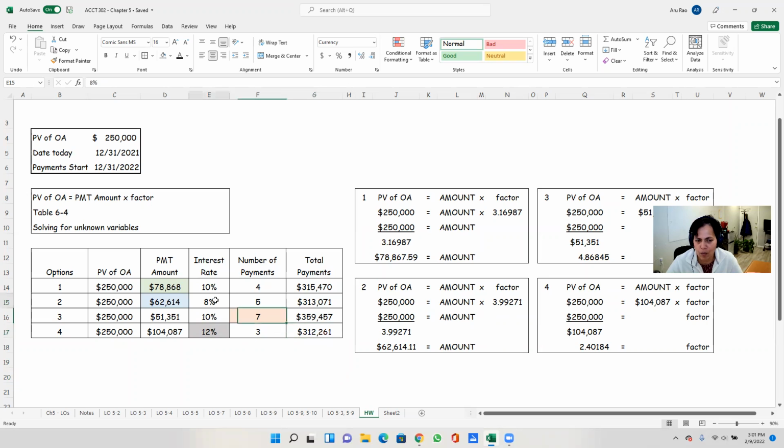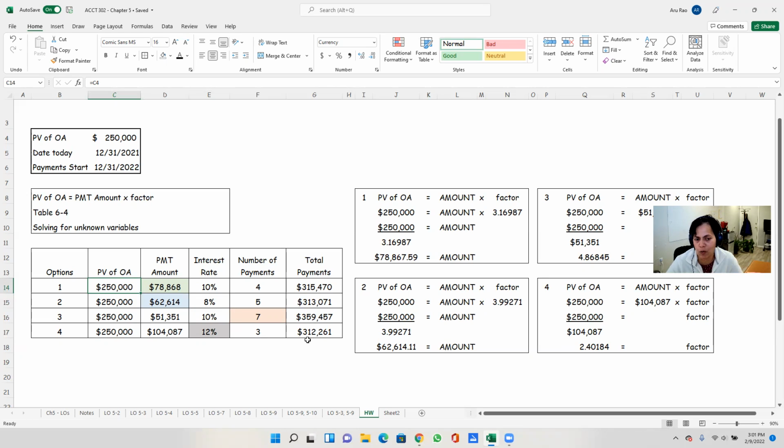The next one is the one that has the smallest interest rate. So if you see the pattern over here, either you decrease the number of payments or you decrease the interest rate. Those are the 2 variables. That's all it is. That 250,000, I have to pay that money. So the smaller the interest rate, the smaller the number of payments, the better off I'm going to be in how much cash I'm going to pay out.